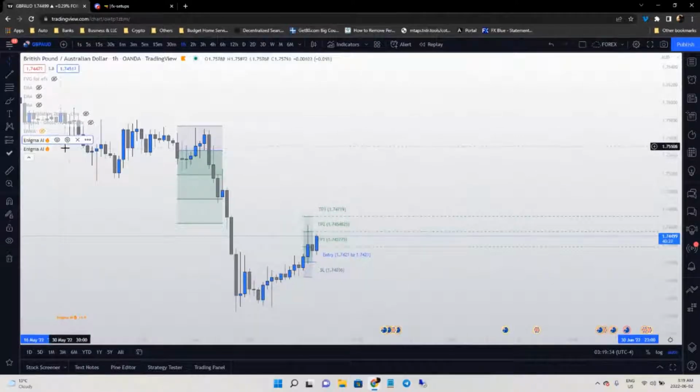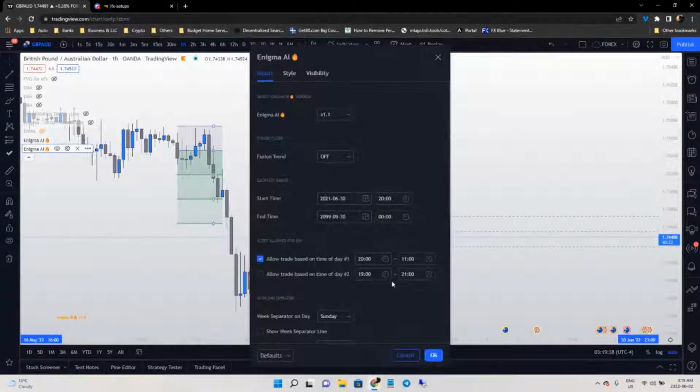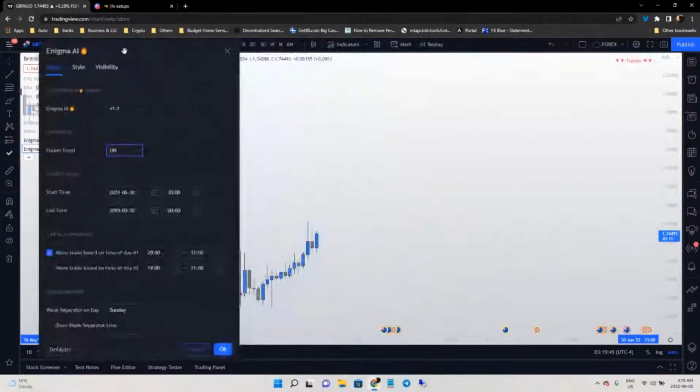Okay. Now it's off on both of the versions. So if we do Fusion on, as you see, what I explained is that you're not going to see the trade idea printed out on your TradingView. Okay.